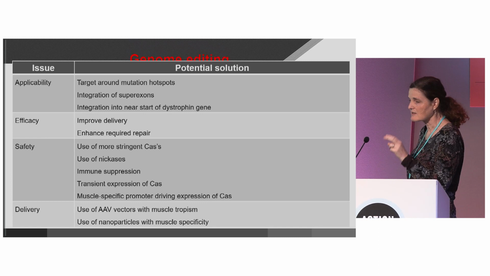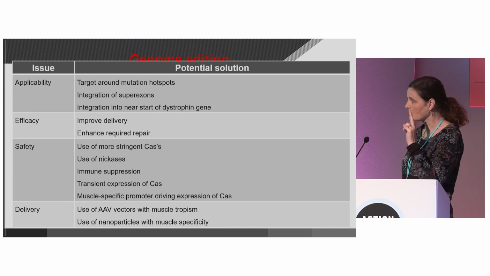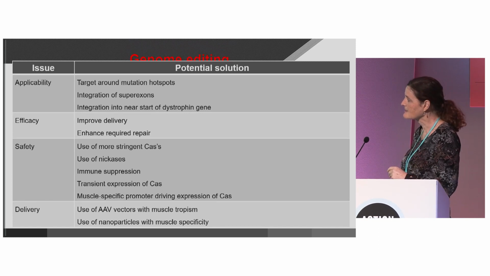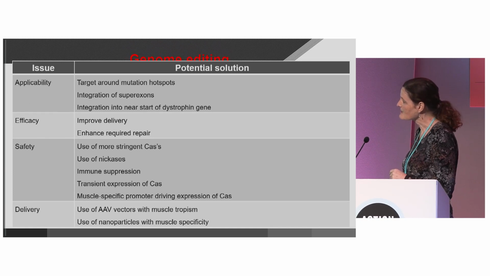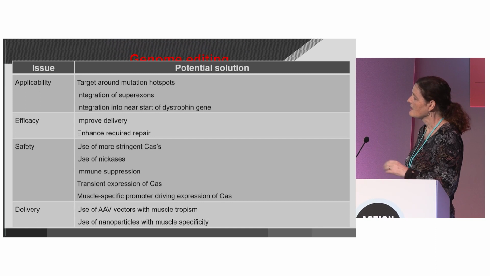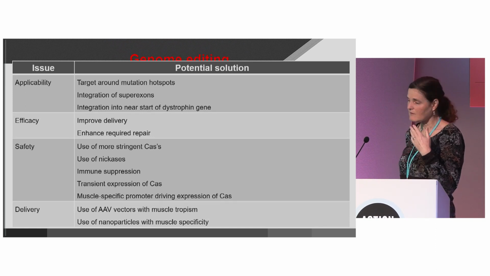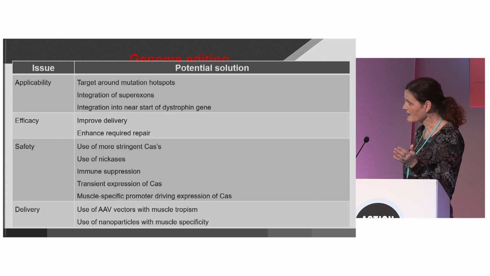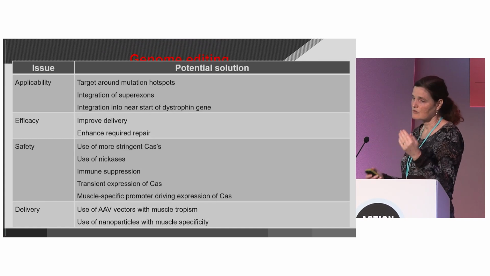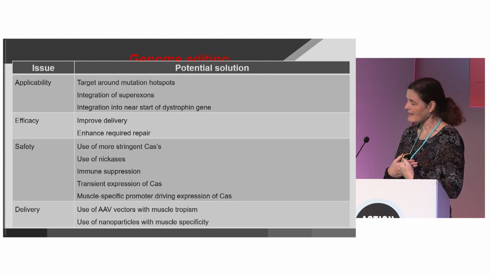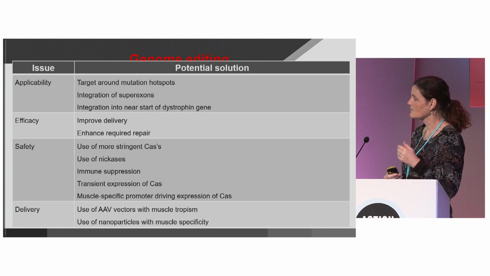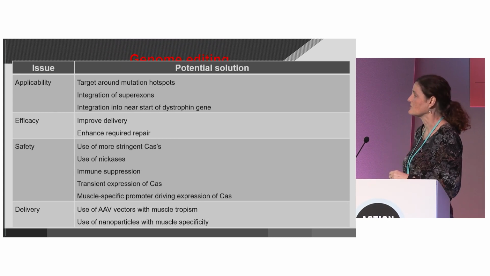We can also cut just one strand of the DNA rather than both; these are called nickases. We can also cut down the length of time that the Cas is expressed, so we can deliver protein instead of the gene for the Cas. We can also get the Cas to be active only in the muscle by using muscle-specific promoters if we're using the gene.